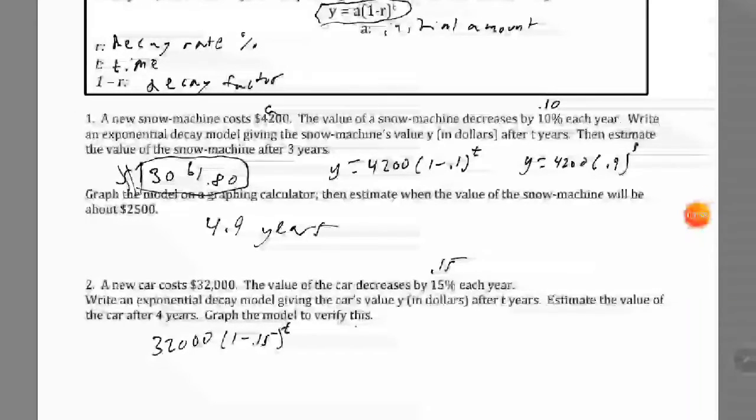And then t equals 4. If t equals 4, I plug it into the equation and I get $16,704.20. And then graph the model. Just use Desmos or your graphing calculator. All right.